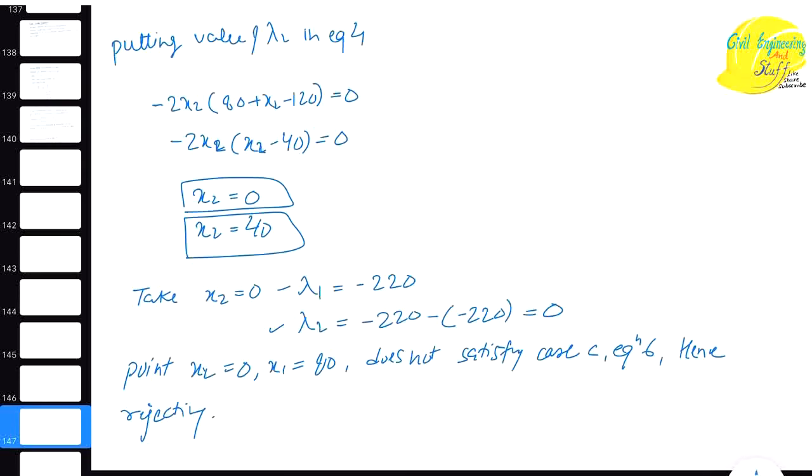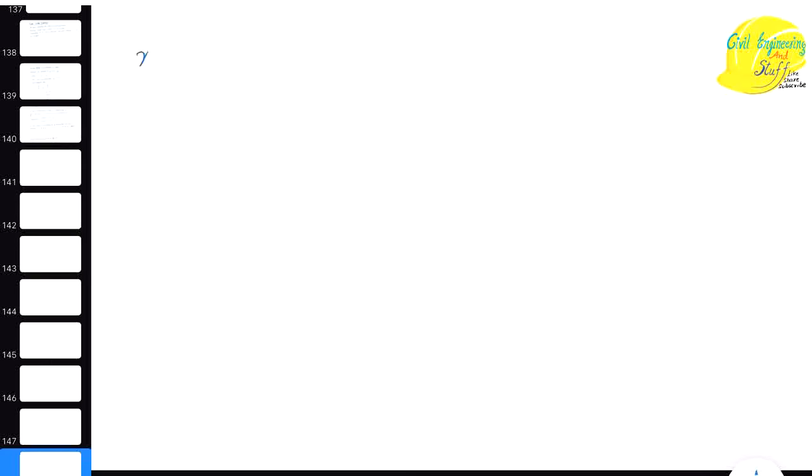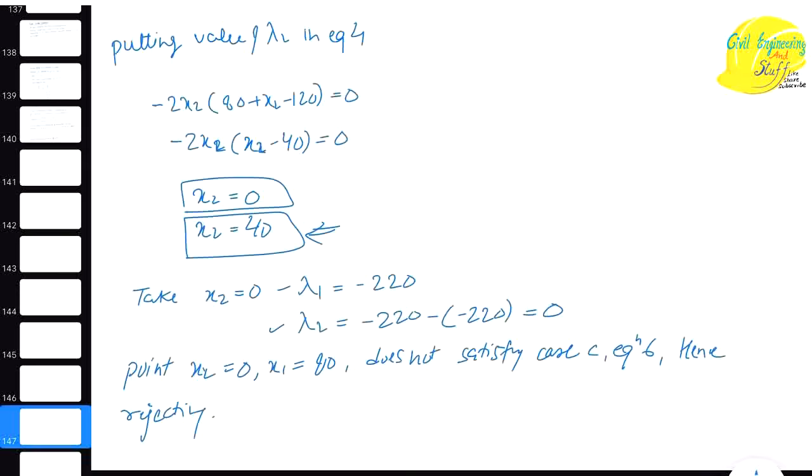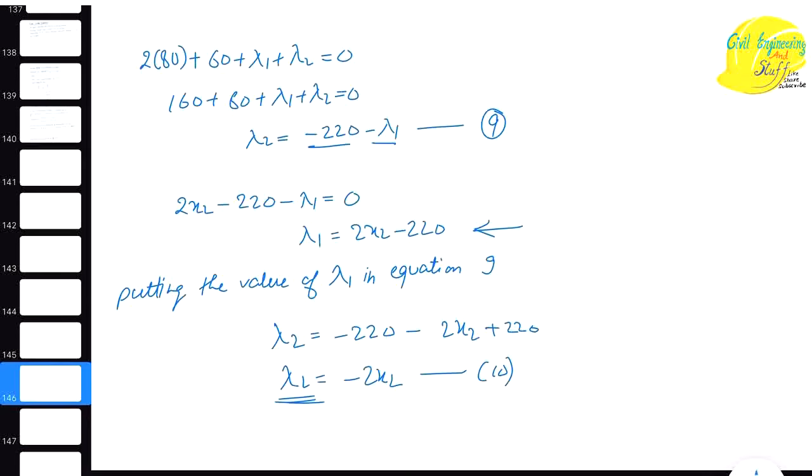The next point is x2 equals to 40. So we'll take x2 equals to 40, and through this we'll find out the value of lambda 1 and lambda 2. Okay. So our x1 is 80, x2 is 40, right? And we have the equation, that is lambda 1 is equal to 2x2 minus 220. So 2 into 40 minus 220.